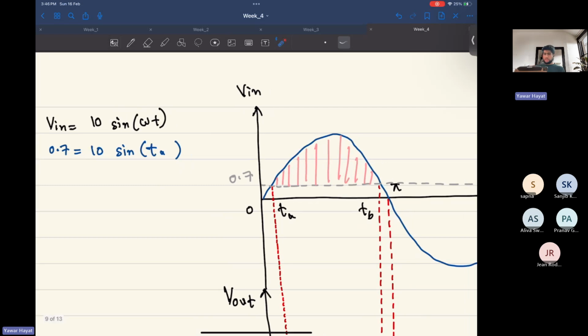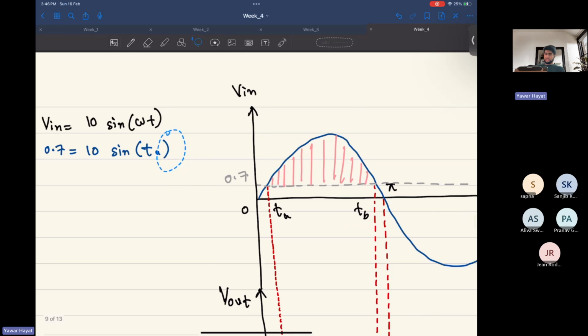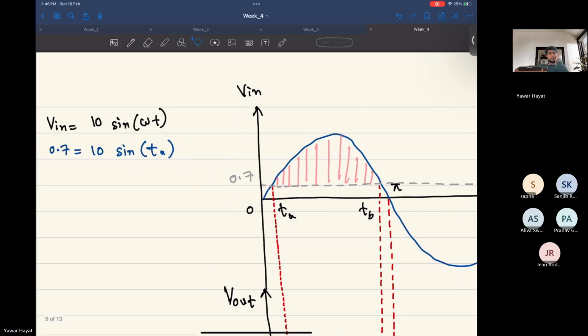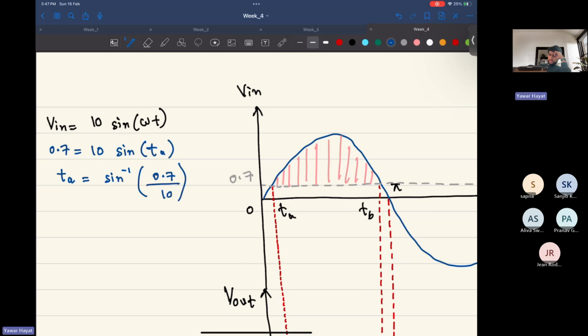Now answer me, what should be the value of this t? How much should this be? Your TA would be sine inverse of 0.7 by 10.